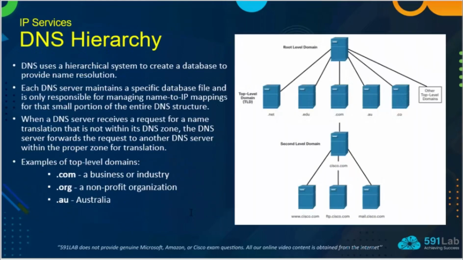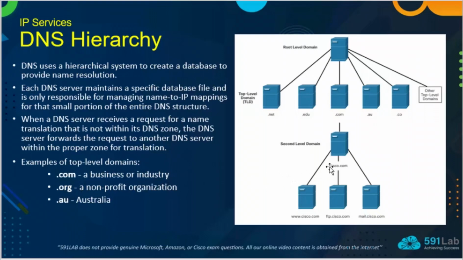And then we have the hierarchical structure of the DNS. We have the top level, and then the first and second level. Our top levels are .com, .org, .edu, .uk, you get it.